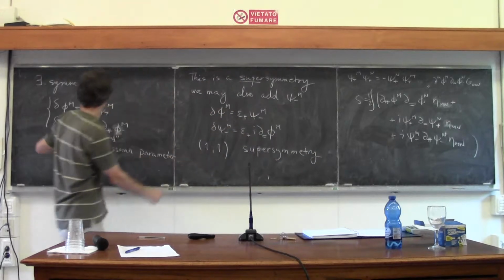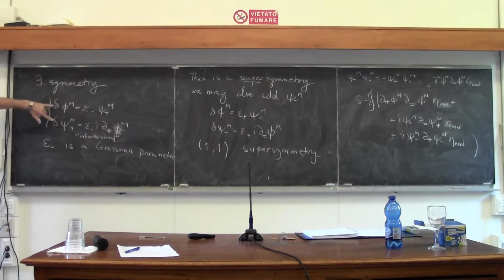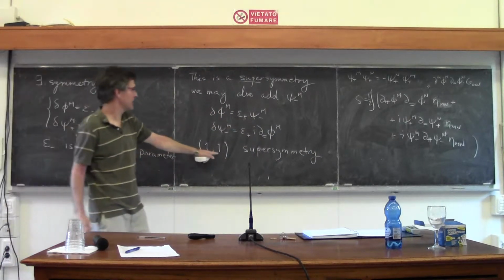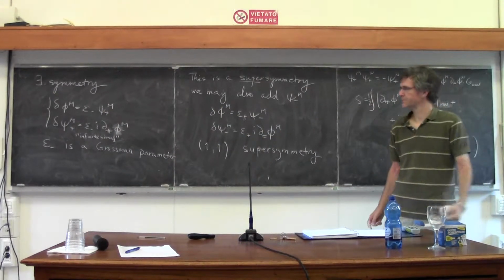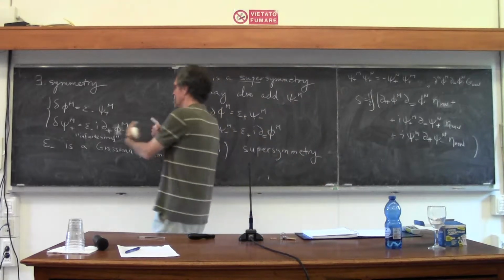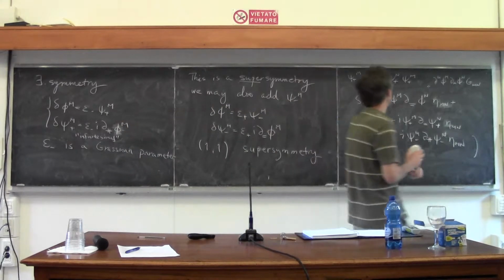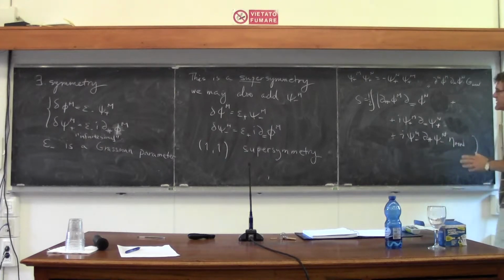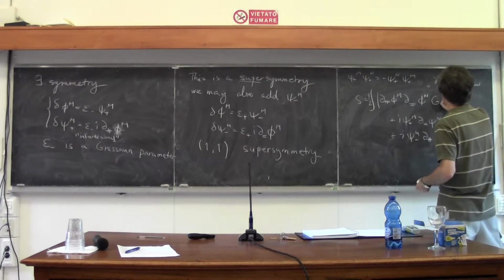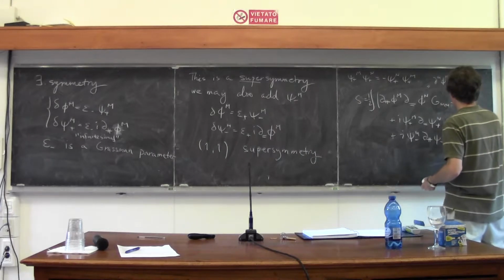So this one tells us that we have this symmetry, and this one tells us that we have this symmetry. This symmetry, in fact, survives even if we now make this metric non-trivial or non-flat.